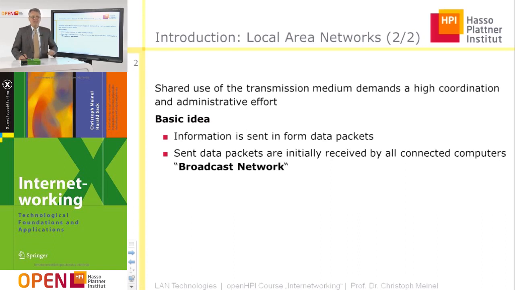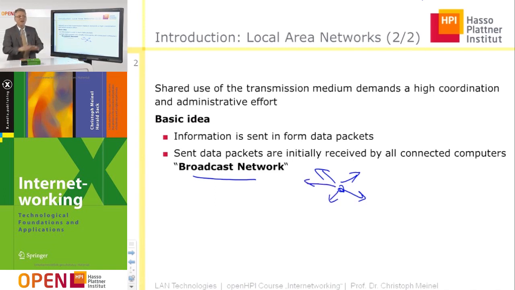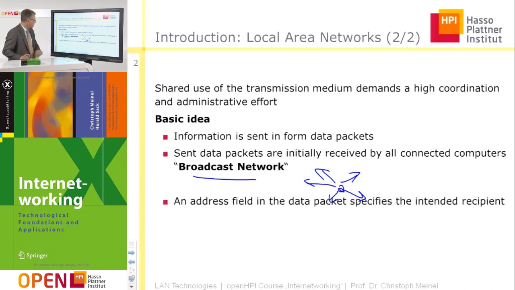The characteristic of most local area networks is that these networks are broadcast networks. Broadcast means a computer that wants to send something sends its data packet to all the other computers connected to this network.